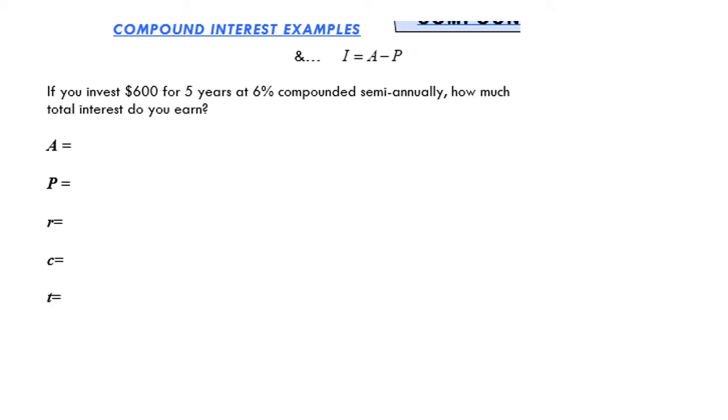Now we're going to get to our 2 sets of compound interest formulas and examples. So the first one we are going to do is future value. So I'm going to write right here, future value. And our formula is A equals P, 1 plus R over C to the exponent CT.